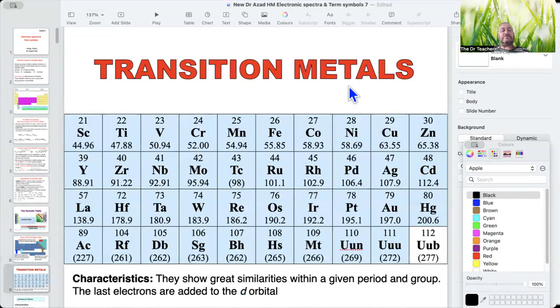Transition metals will be in the middle, from scandium to zinc, yttrium to cadmium, then the lanthanides and actinides, which are the lower rows.